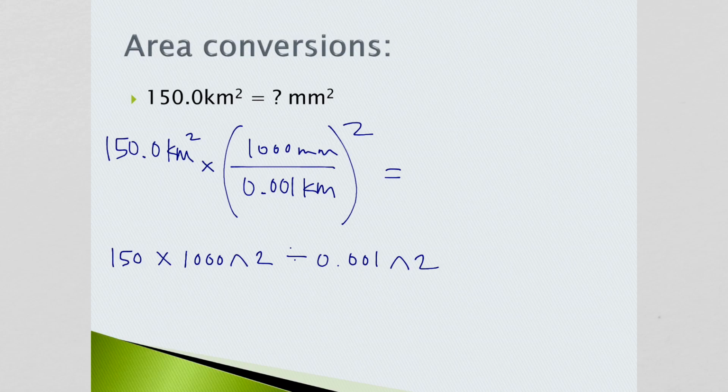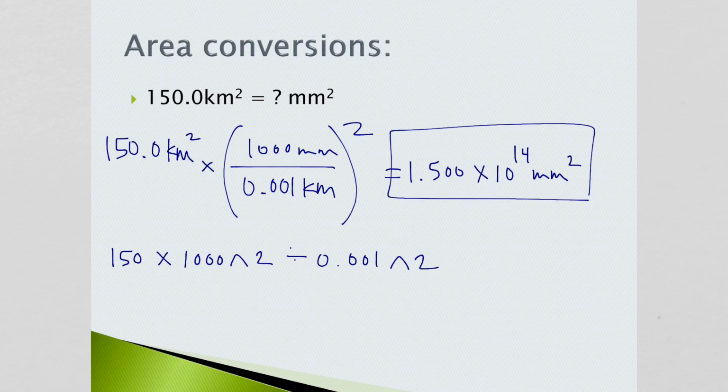We want 4 significant figures in our answer, and it's going to make sense to put this number into scientific notation because of its size. 1.500 times 10 to the 14th millimeters squared. Now, how do you know when you should put a number in scientific notation or not?